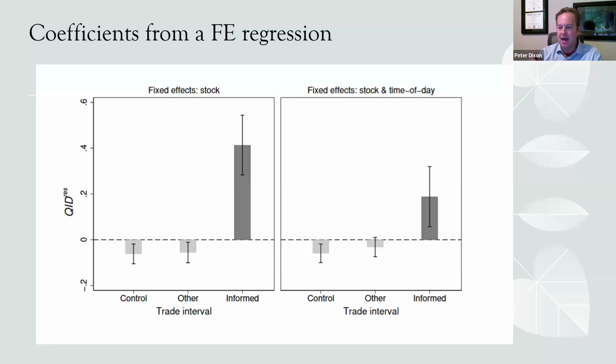What we find is that the control and the other don't statistically differ from each other. The other is the day of the informed trade, but not a 5-minute window when informed trading was happening. We don't find a statistically significant difference there, but within the 5-minute windows where the informed trades hit the market, we see a spike, a significant increase in average QuidRes, which we think is cool because it shows how easy it is to use this measure that way.